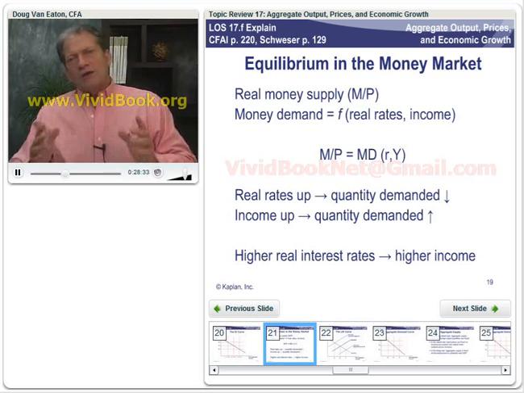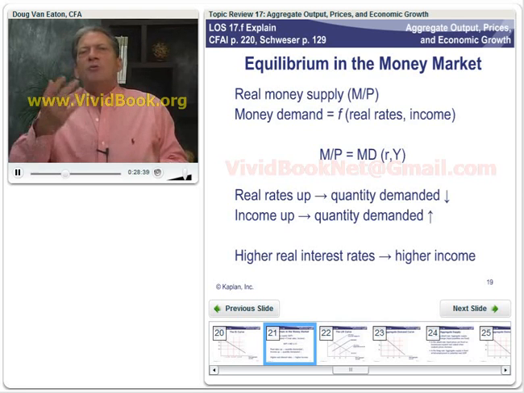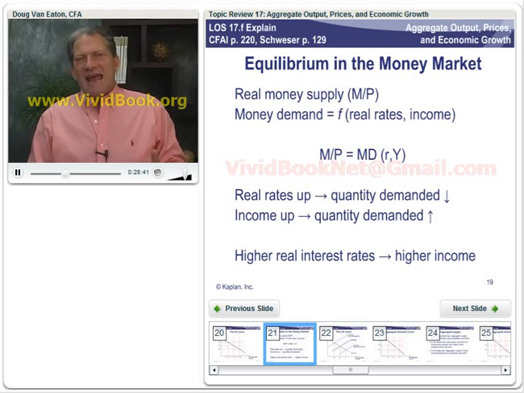Now remember, on the IS curve, we just did the opposite. But here in the money market, we're saying, look, interest rates go up, quantity demanded of money goes down. In order to get that quantity demanded back up to whatever the quantity available in the economy is, incomes are going to have to rise.